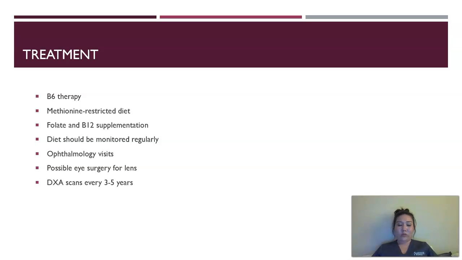Basically, it's going to talk about natural protein intake and how much should be taken in through the diet. It's just going to be a lot of supplements and a very specialized diet. The other part of that is you don't want to have protein malnutrition, so they're going to add in other amino acids like cysteine through supplements. So that's kind of what the dietitian would focus on.